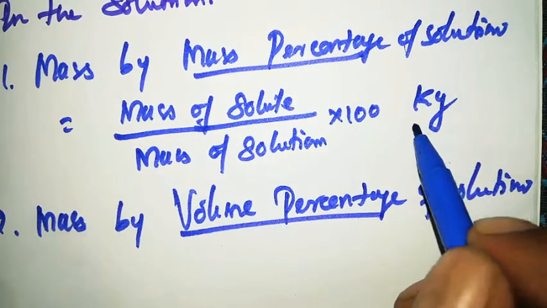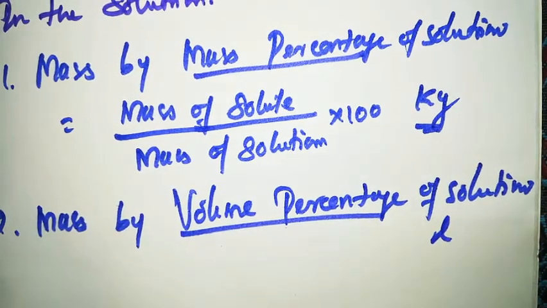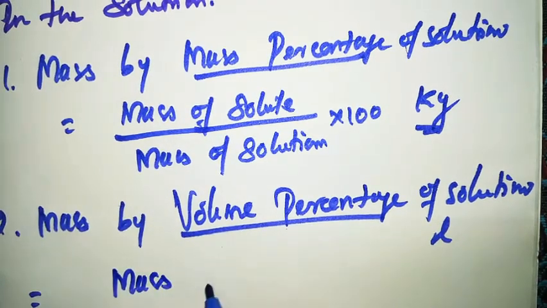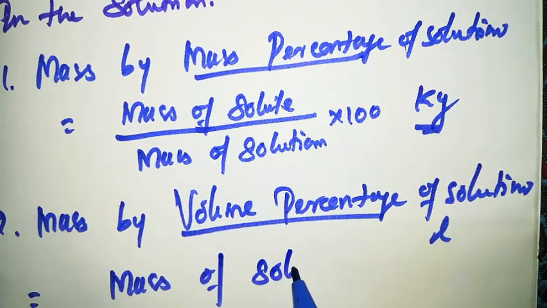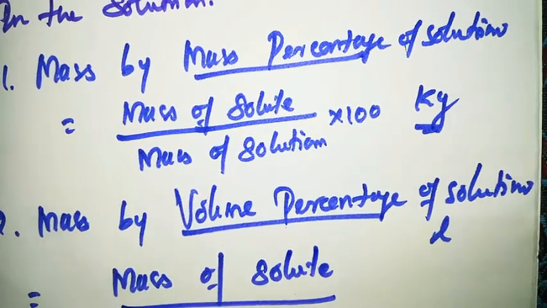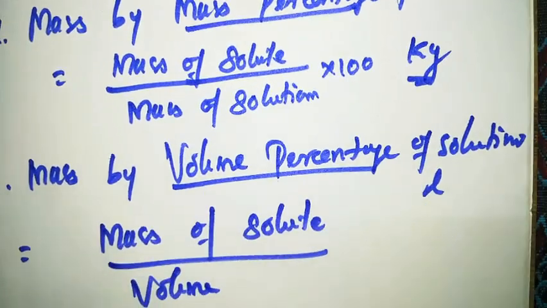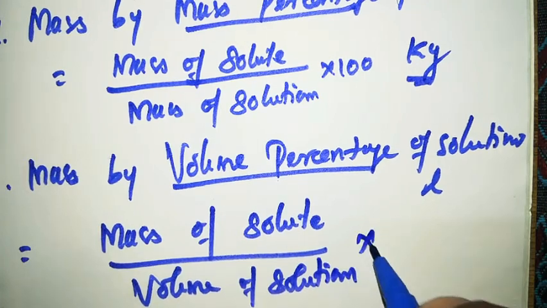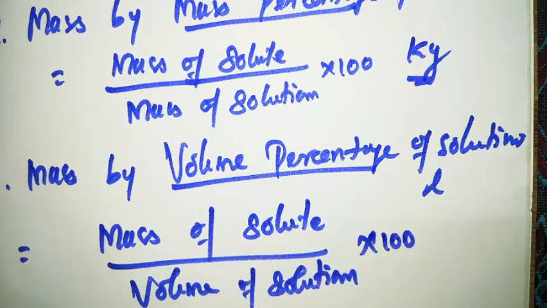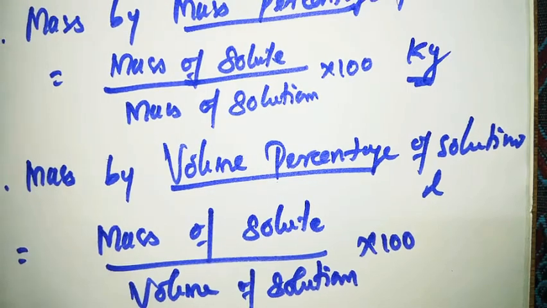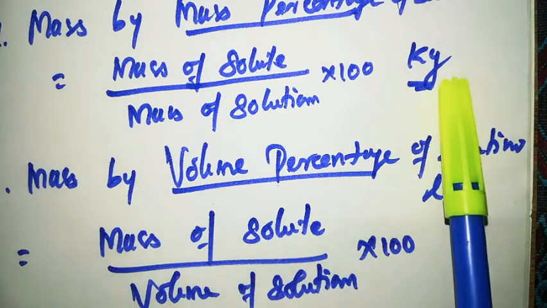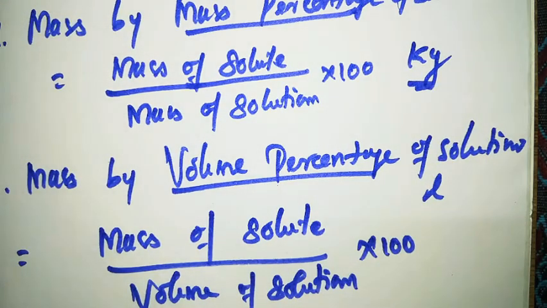The first one is in kilogram, the second one in liter. The formula: mass of solute divided by volume of solution, multiplied by 100. So the solute can be calculated by two methods, one by mass and one by volume, in kilogram and liter.